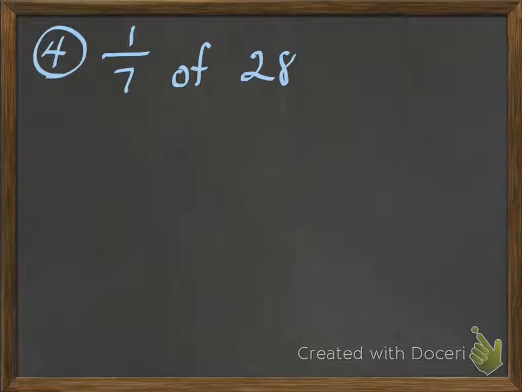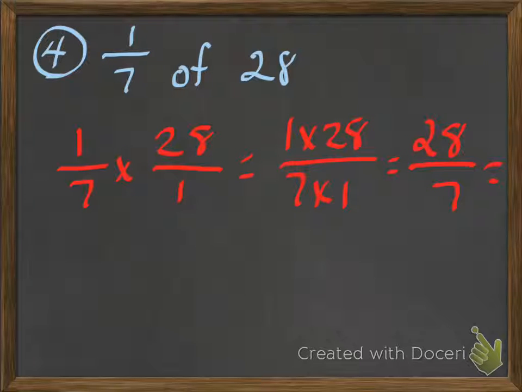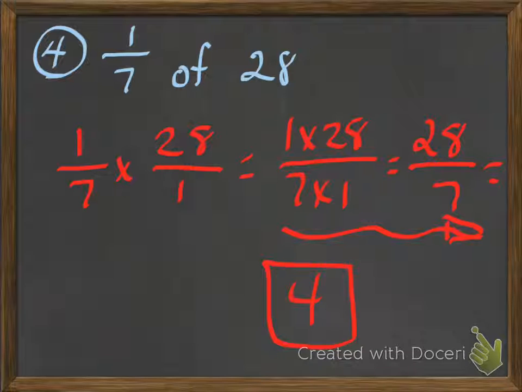Number 4, 1/7 of 28. Okay, and if you follow division through, then eventually you will get to 28 divided by 7, which equals 4.